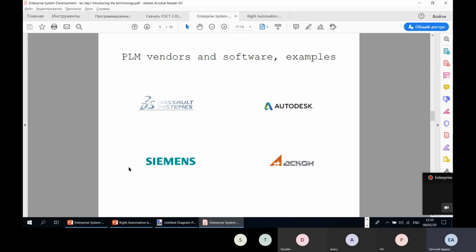So, products which you can touch, physical products. But of course, today lots of these products, such as airplanes and cars, have both physical parts and software parts.